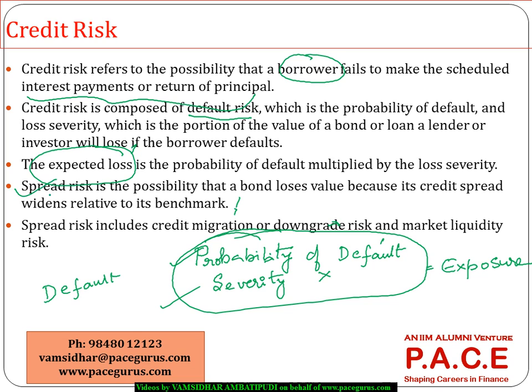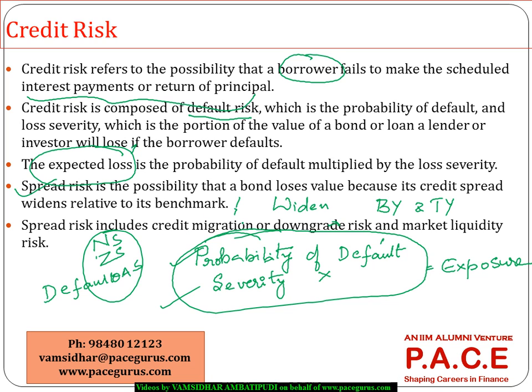And there is the credit spread risk, which is the widening of the gap between the bond yield and the treasury yield. We have talked about three different kinds of spreads in the earlier chapter: the nominal spread, the Z spread, or the option adjusted spread. Whatever mechanism we use to measure the spread, the more important thing for us to look at is that if the spread is widening, it's an indication of credit spread risk.